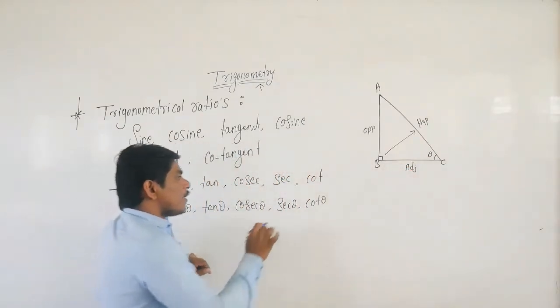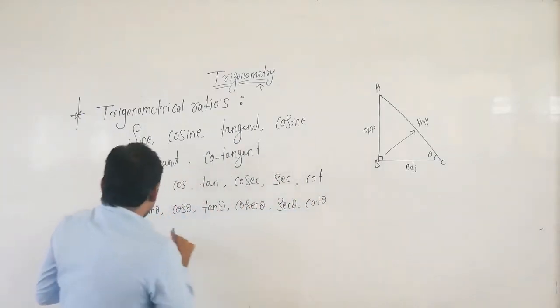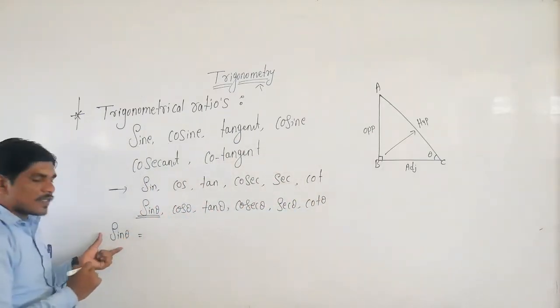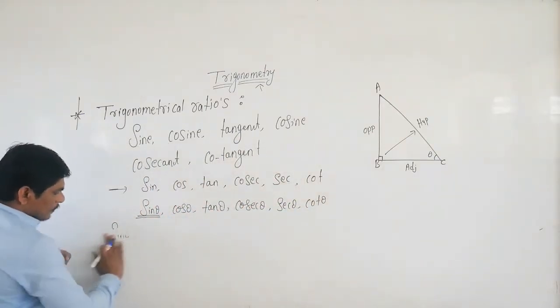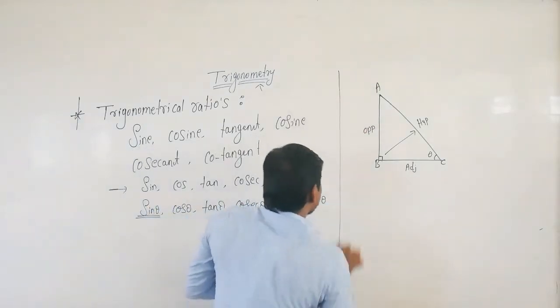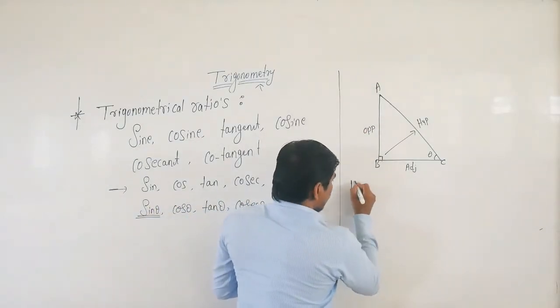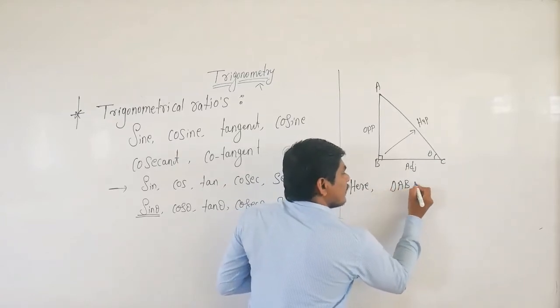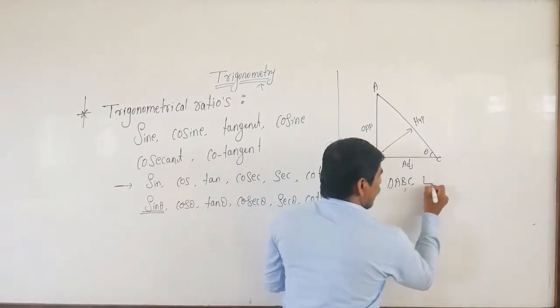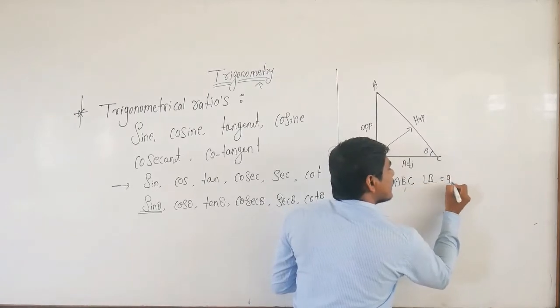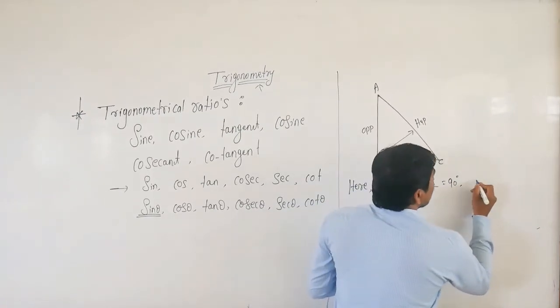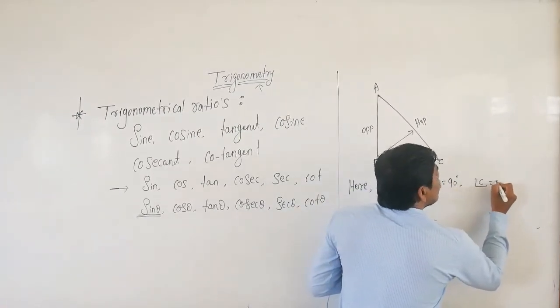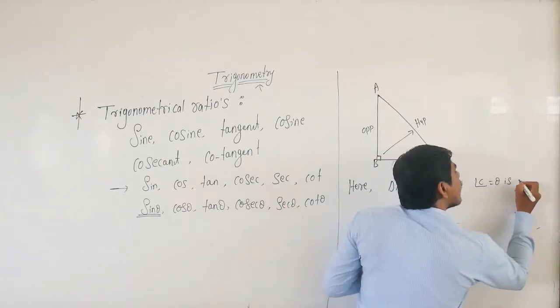Now the first trigonometrical ratio is sin theta. Here in triangle ABC, angle B is equal to 90 degrees, and angle C is equal to theta, which is acute.